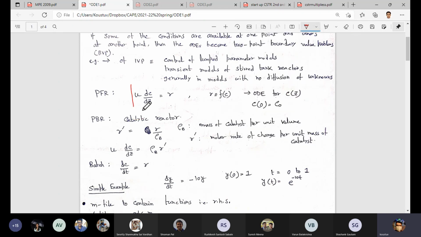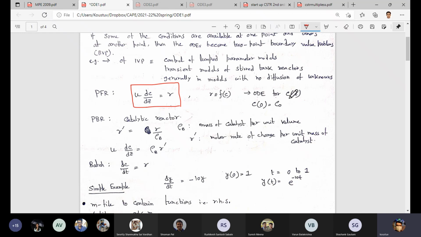If you do the derivation, starting from the cell balance, or the differential element, the small delta z, if you carry out that mole balance, then you will typically have this kind of expression, where you can express the rate like this.